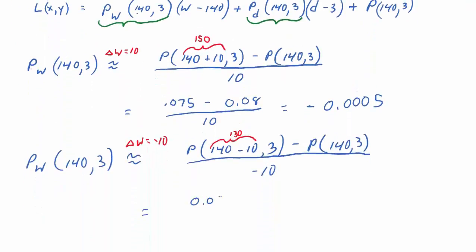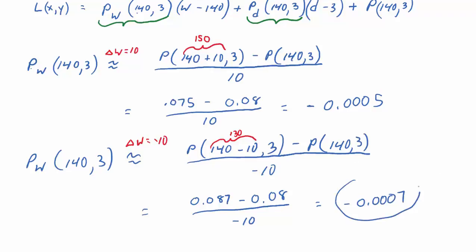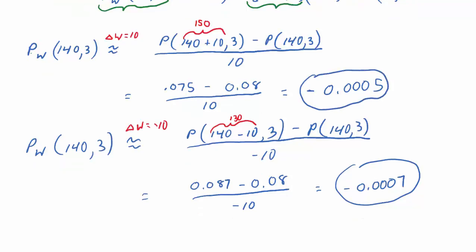Okay, 0.087 minus 0.08 all over -10, and that turns out to be -0.0007. Now we're going to take the average of these two values as our estimate of the partial of P with respect to W at 140, 3.